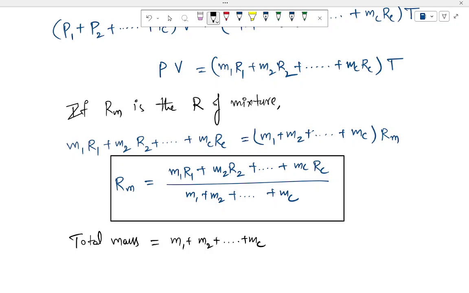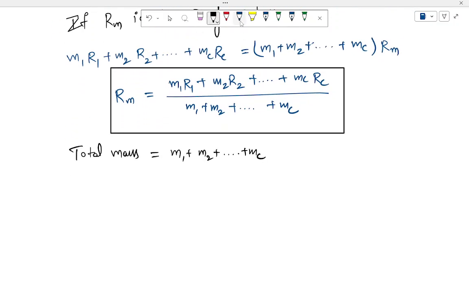Now if you would like to invoke this Rm into this expression, PV will become like this.